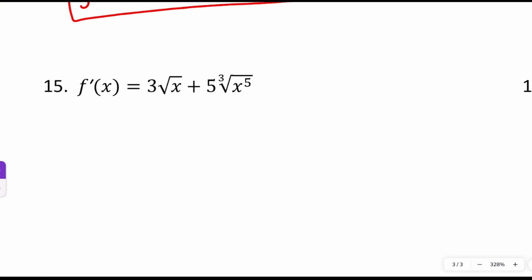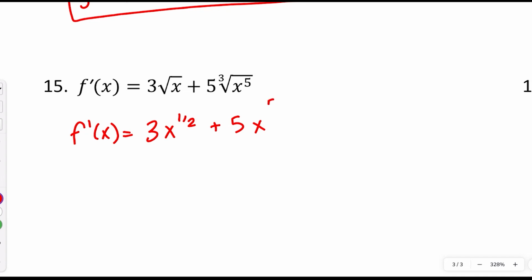First, we're going to rewrite all these roots as rational exponents. So I'm not going to actually find the antiderivative quite yet. I'm just going to rewrite this as 3x to the 1/2 plus 5x to the 5/3. So now I can just go through those steps again. Same steps, right?